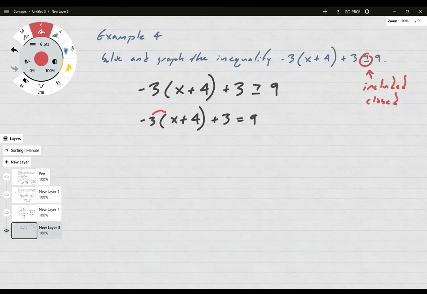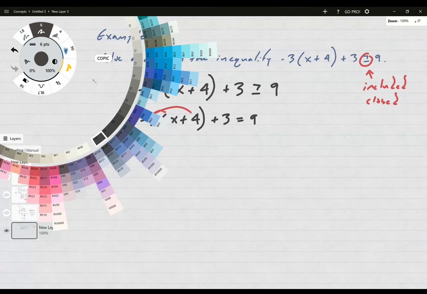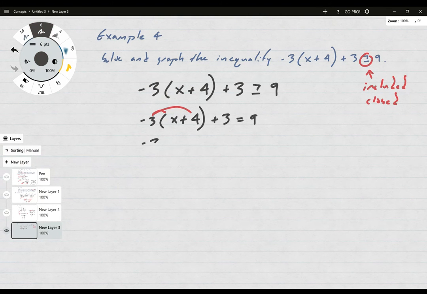So I'm going to multiply negative 3 by each term inside. So negative 3 multiplied by x gives me negative 3x. Negative 3 multiplied by positive 4 gives me negative 12. And then plus 3 equals 9.